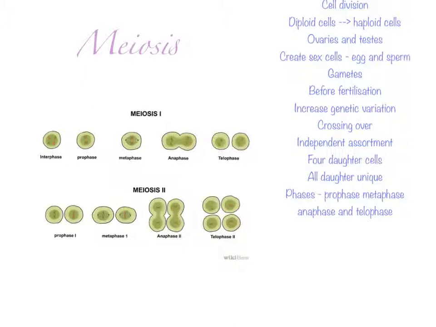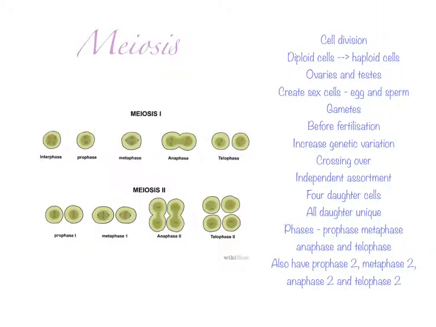But we also have prophase 2, metaphase 2, anaphase 2, and telophase 2. So unlike mitosis, meiosis has a 2-step process.